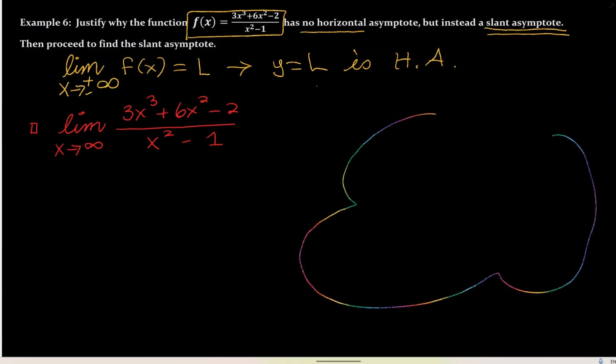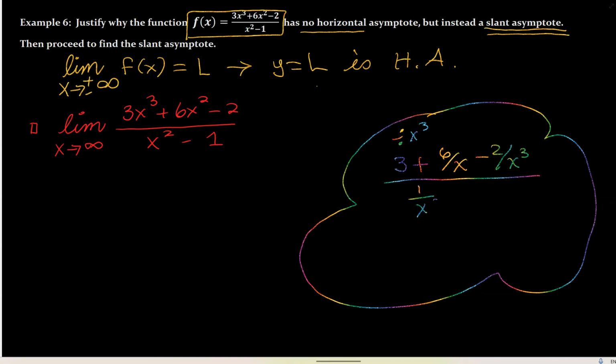If I divide everything by x to the third, then I will have 3 on the numerator plus 6 over x minus 2 over x to the third, all divided by 1 over x minus 1 over x to the third.